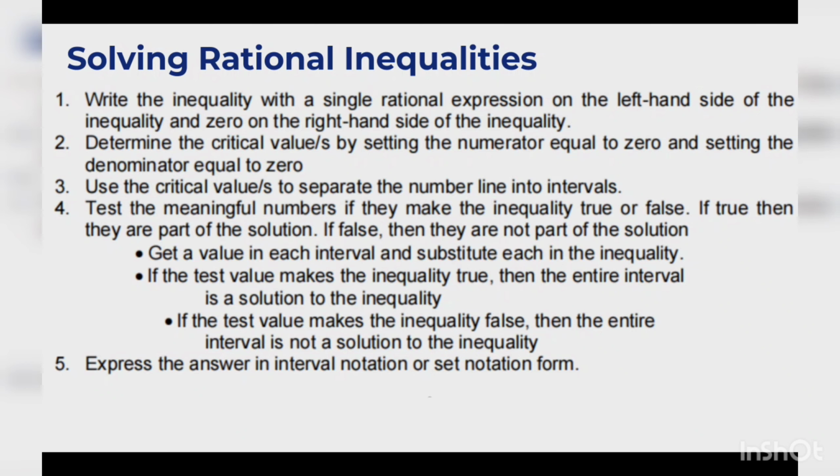Third, we'll use the critical values to separate the number line and form intervals. And then for the fourth step, we'll check each interval if they are included in our solution. And then lastly, we'll express the solution of your rational inequality in interval notation form or in set notation form.